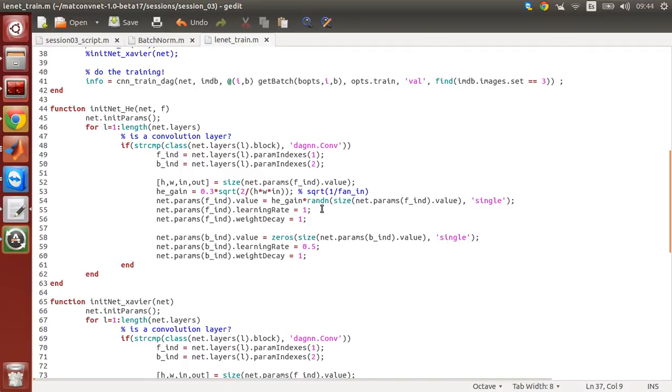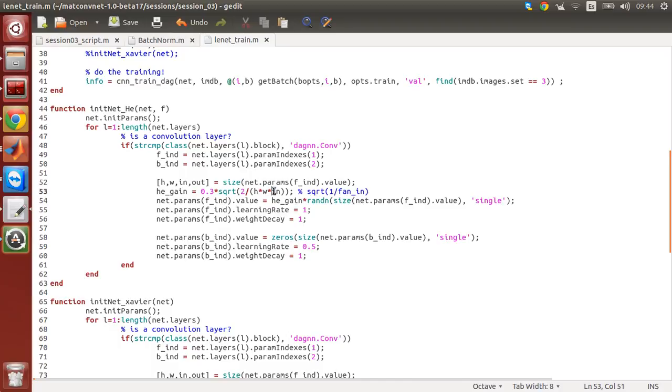So the fan-in is how many neurons are connected to the input of this layer. The formula is quite simple. It is the square root of 2 over the fan-in, which is basically the width of your kernel times the height of the kernel times the number of input features.